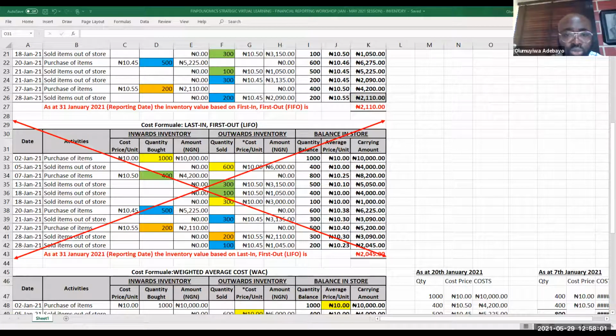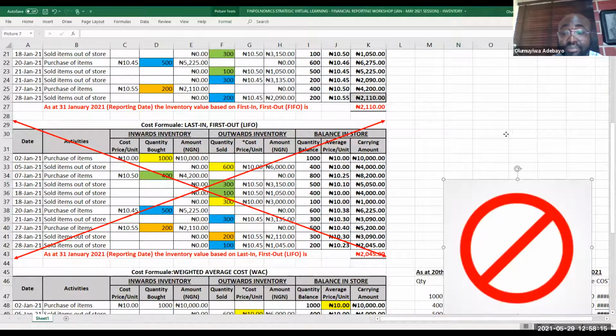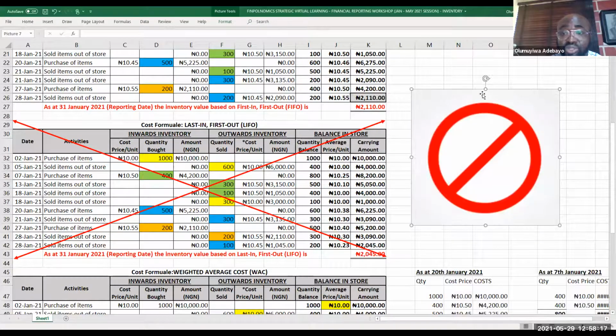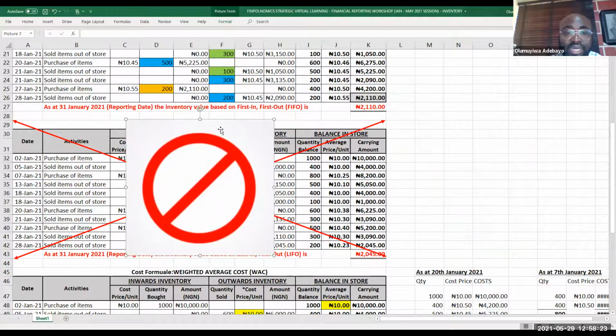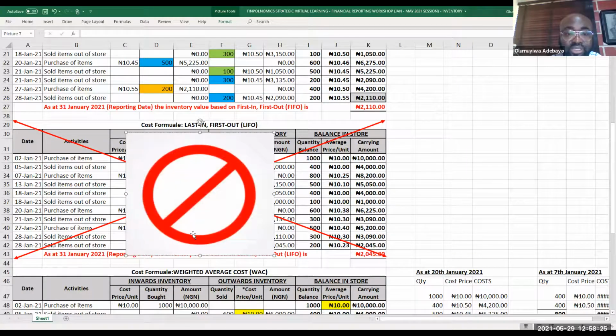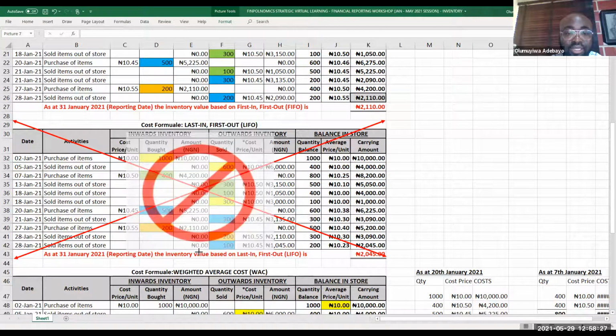You know, there's what we call walk through the computer or walk around the computer, and also models you use in the course of audit. Your own is to establish, one, the physical presence of those items. That is the first thing. The second thing is that those items have been appropriately valued based on the appropriate cost formula.